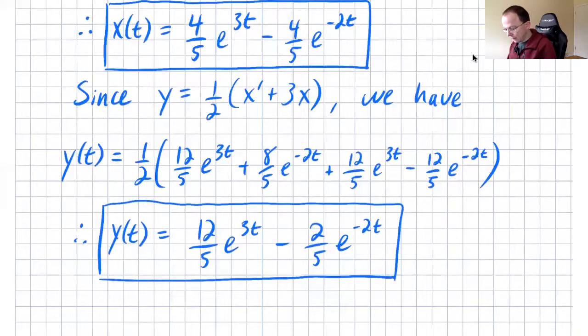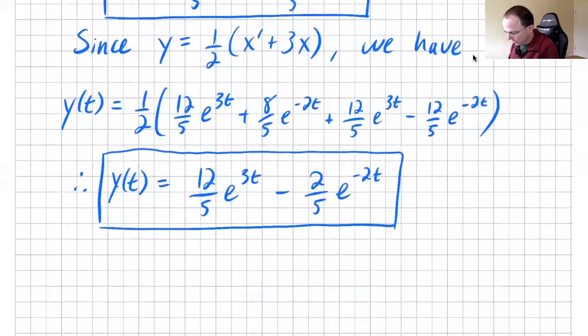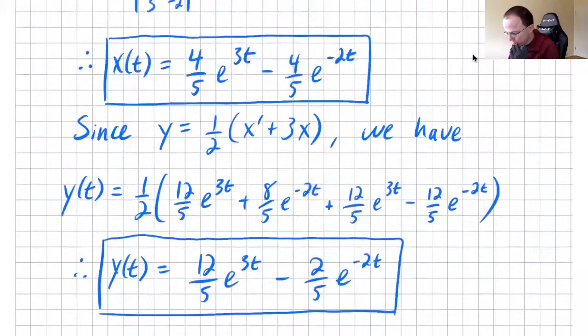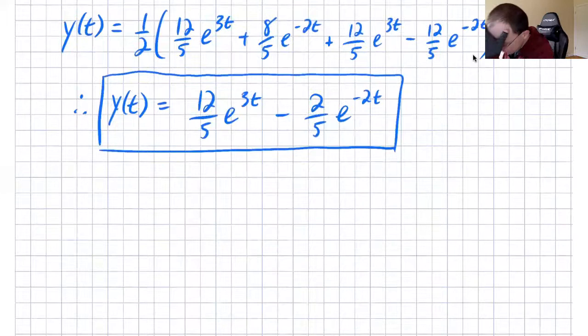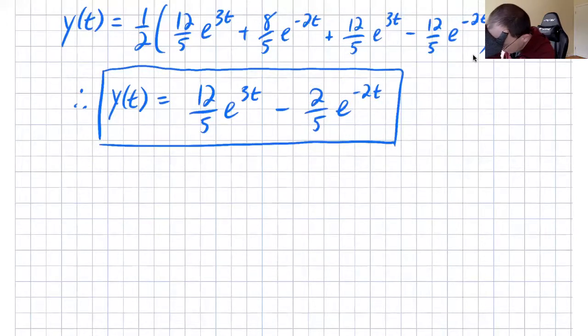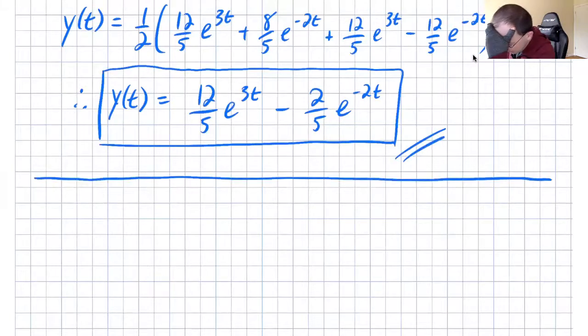Okay, great. Another way that we could write this is to combine them into a vector form. So maybe let me just end this example here, and then I'll make a note.